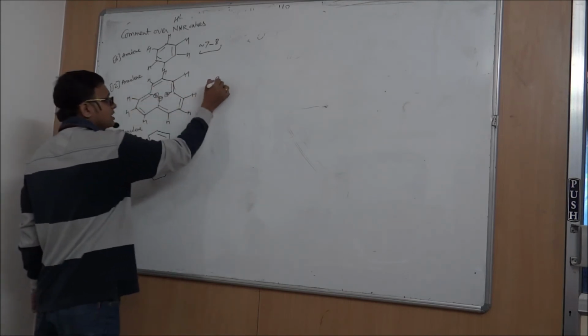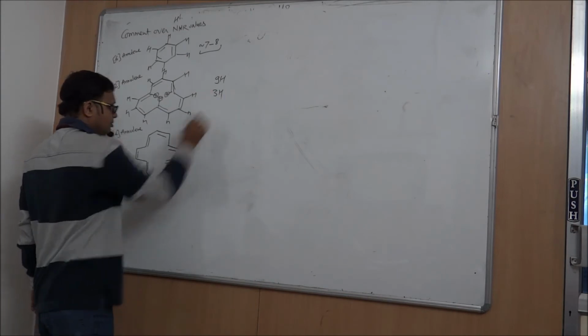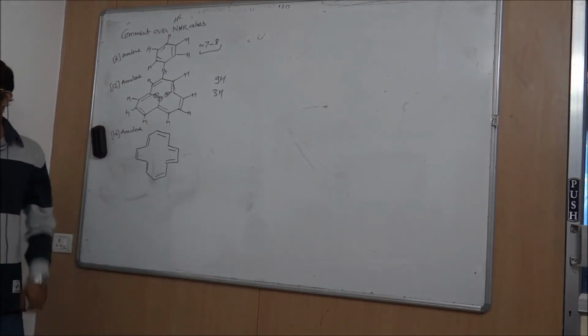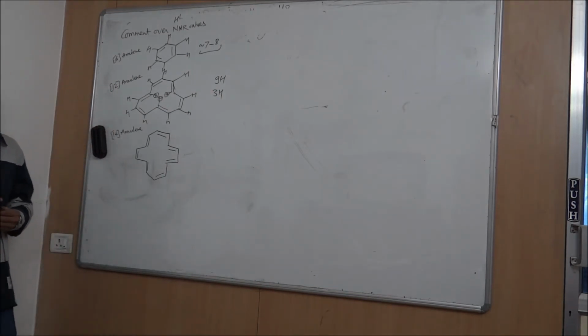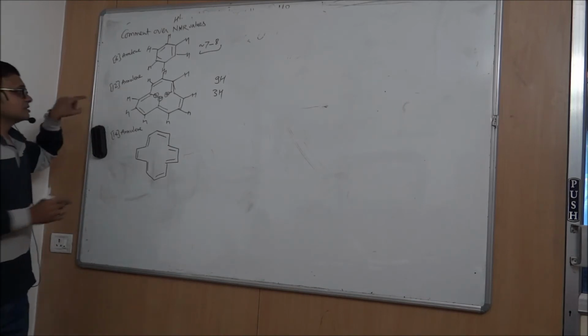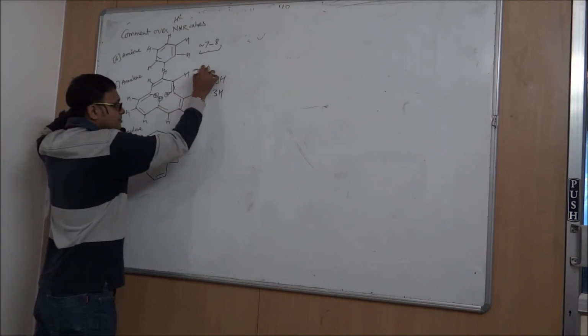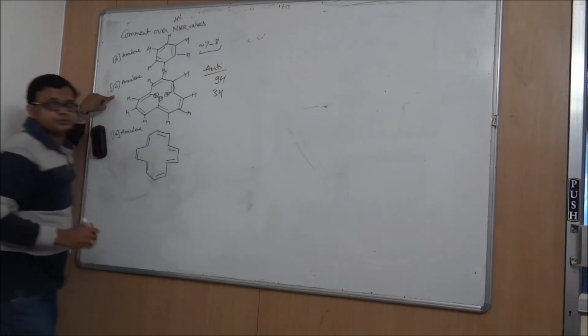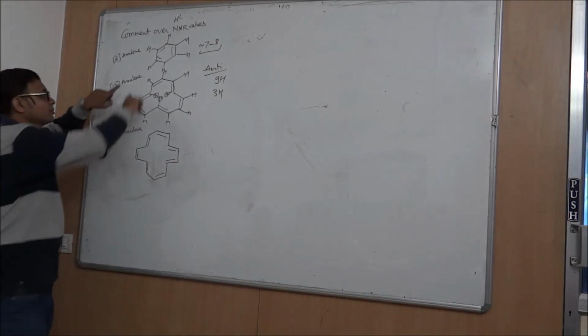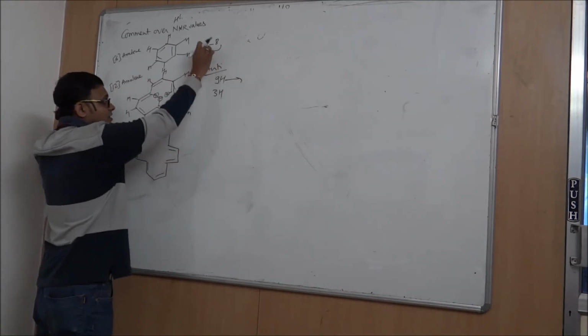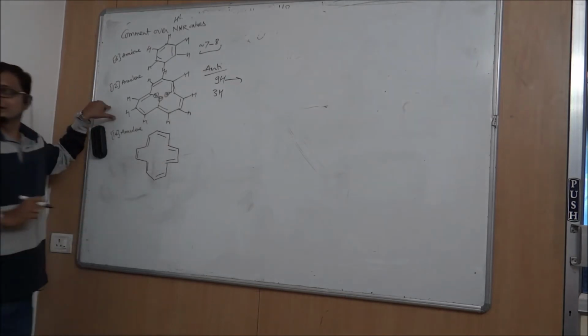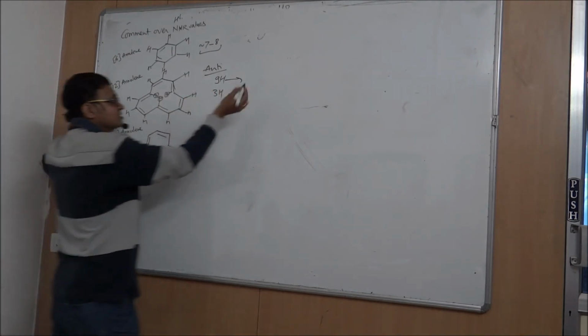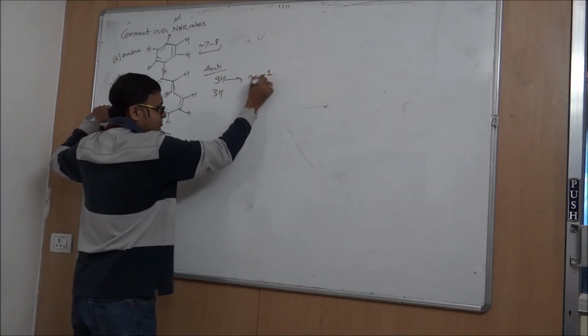Yes, so 9 hydrogens one peak, 3 hydrogens one peak. Predict the approximate delta values. Now is this anti-aromatic or aromatic? Anti-aromatic compound. In anti-aromatic compounds, outer hydrogens will be opposite to this one, so it will be less: less than 0 and approximately -1.